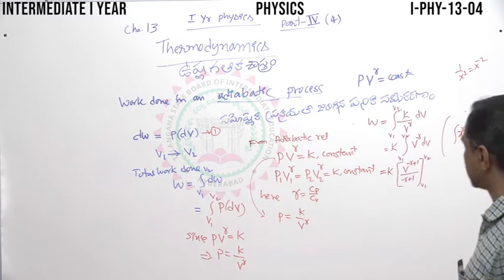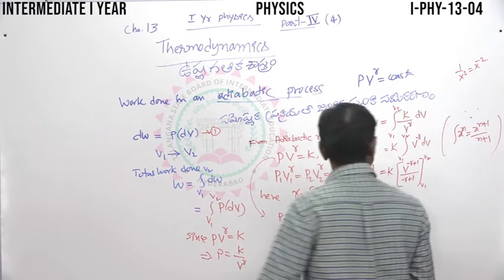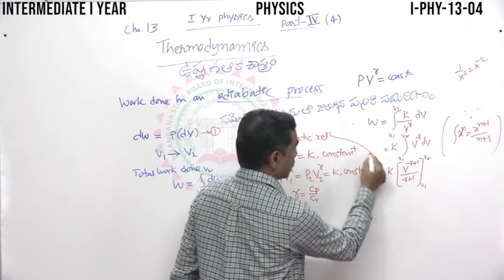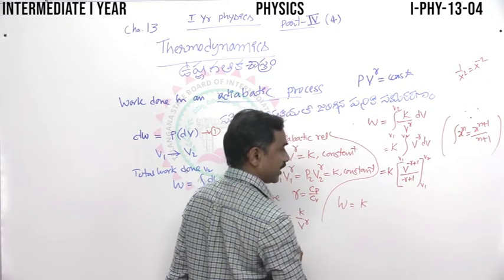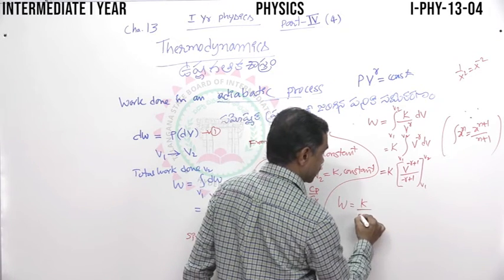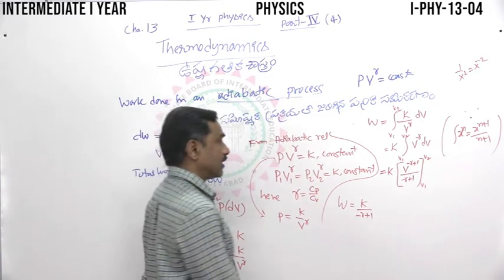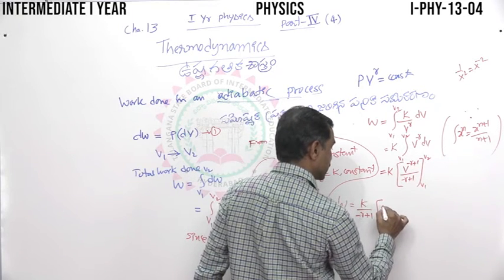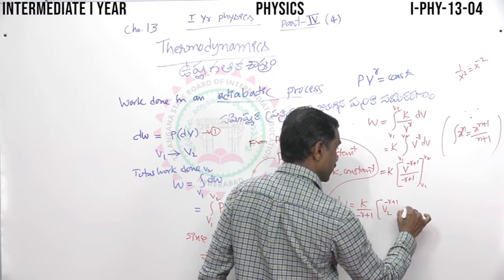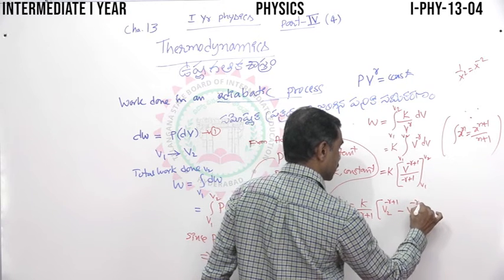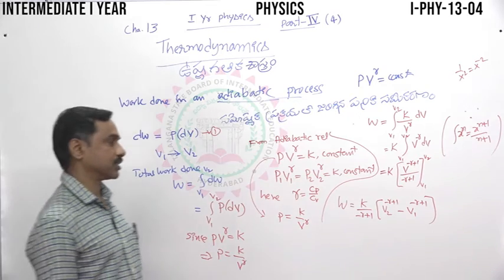Just integration, nothing else. Now minus gamma plus 1 is a constant, so the total work done in an adiabatic process is given by K divided by minus gamma plus 1, times V2 power of minus gamma plus 1 minus V1 power of minus gamma plus 1. Just substitution, nothing else.